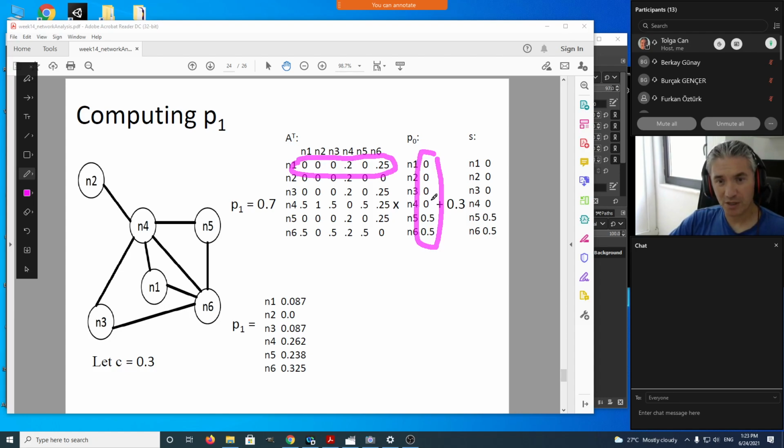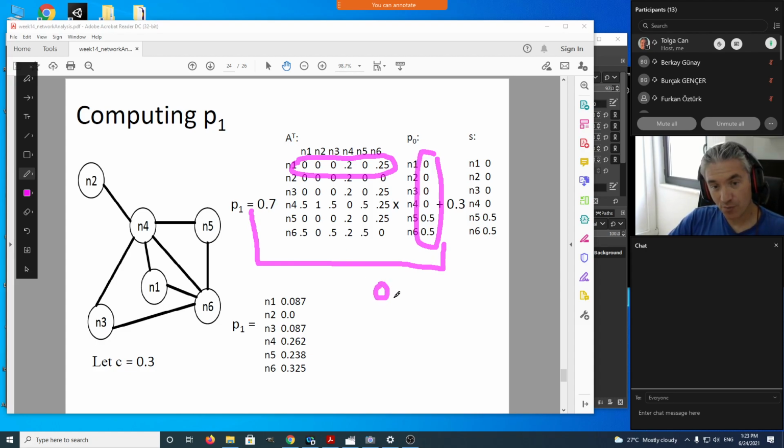So 0.2 times 0, it's 0. 0.25 times 0.5, which is 0.125. So N1 is going to have 0.125, and multiply that with 0.7, because by following the links, you have with 0.7 probability you follow the links.